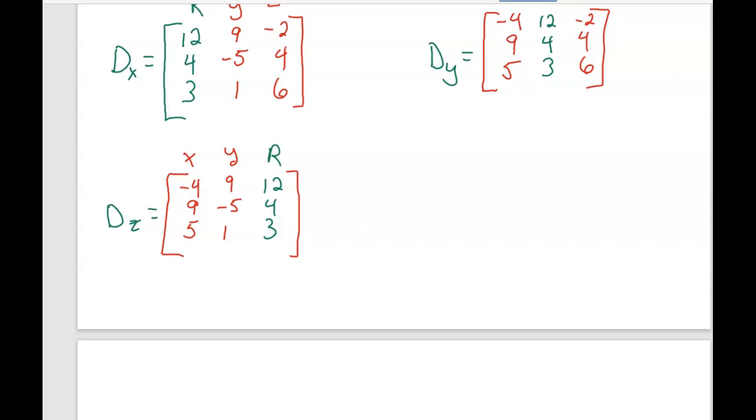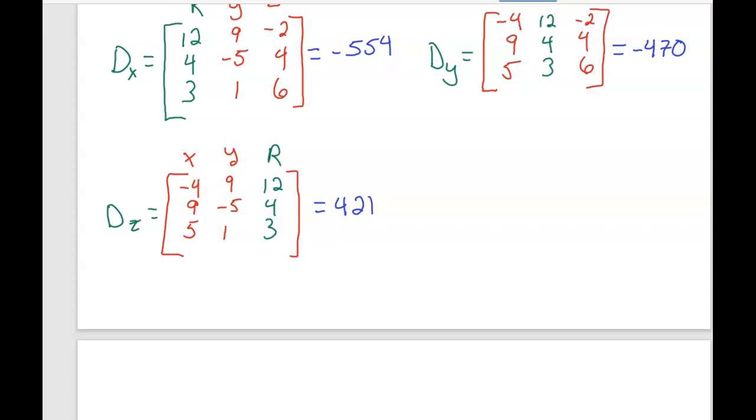Once you find these values, which in this particular case, you should get dx to be a negative 554, dy to be a negative 470, and dz to be a positive 421.